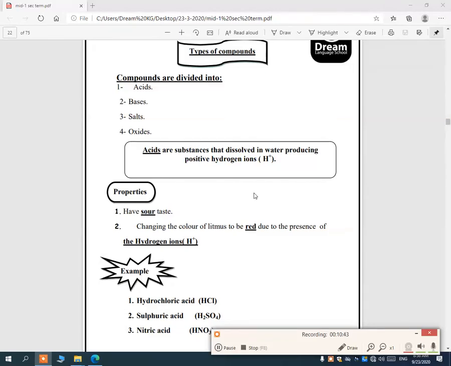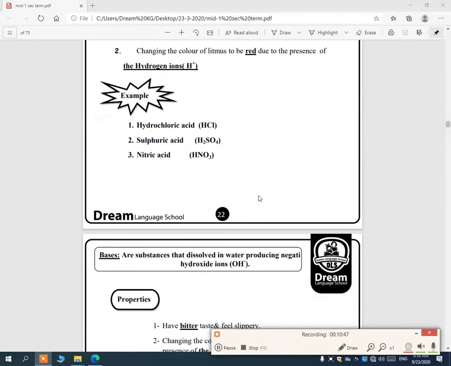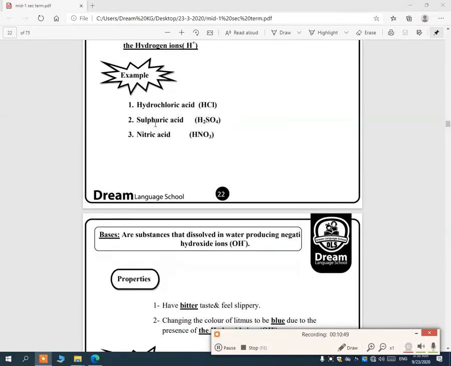Why? Due to the presence of hydrogen ion. We have here some examples of acids. The first one, hydrochloric acid, HCl, sulfuric acid, H2SO4, nitric acid, HNO3. Take care, all acids must begin with H, like HCl, H2SO4, HNO3.